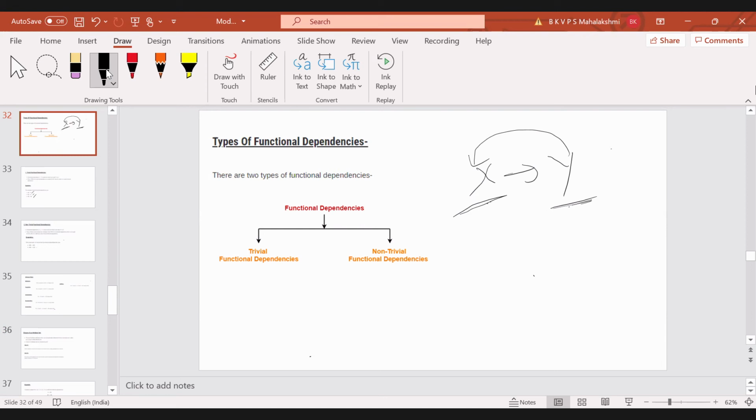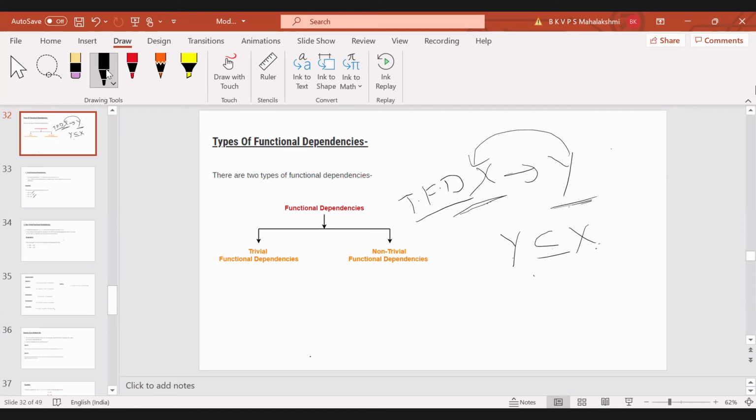That means if Y is a subset of X or Y is equal to X, then it is called a trivial functional dependency.